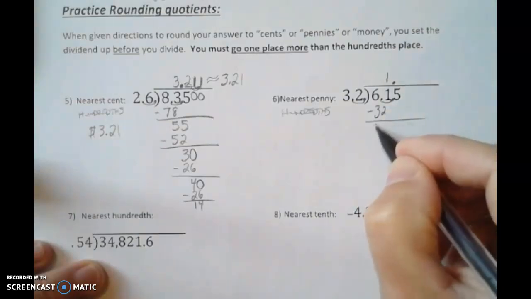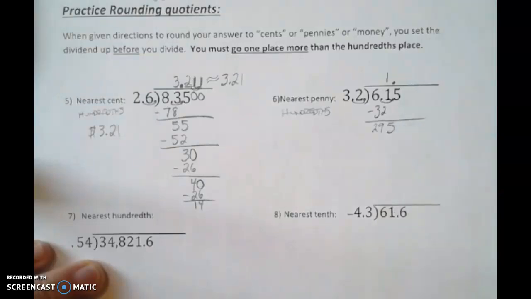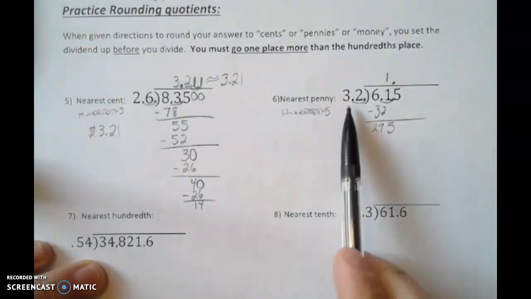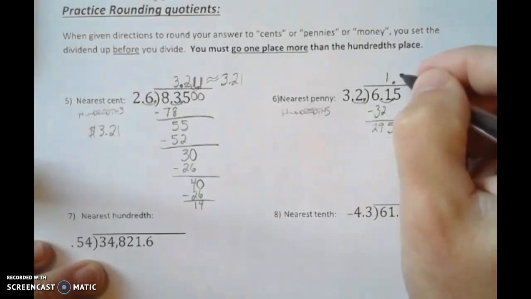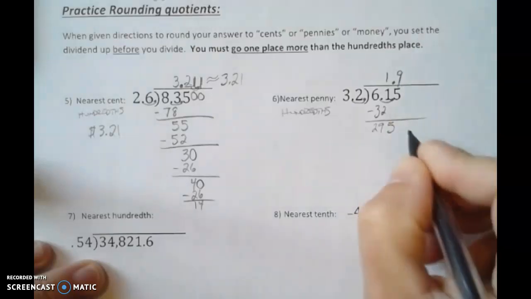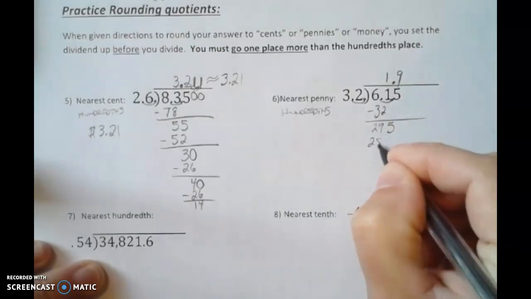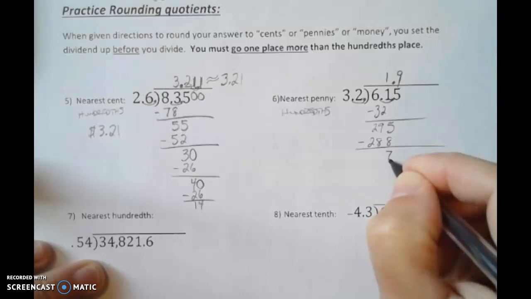That subtraction is going to leave us with 29. And I bring down this 5. And now I've got to figure out how many times 32 goes into 295. Well, I know that that's going to go in 9 times. 32 times 9 is 288. When you subtract 295 by 288, that leaves you with 7.